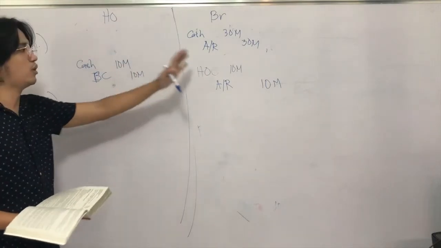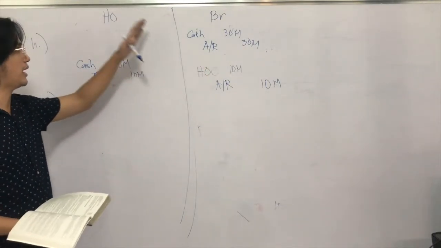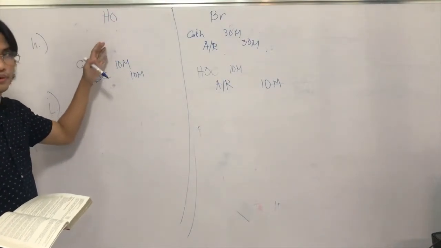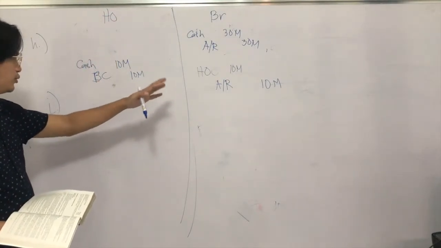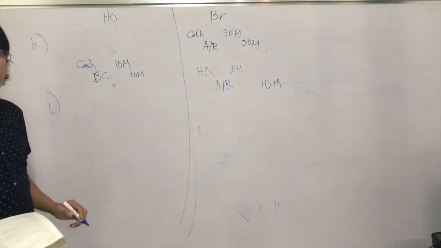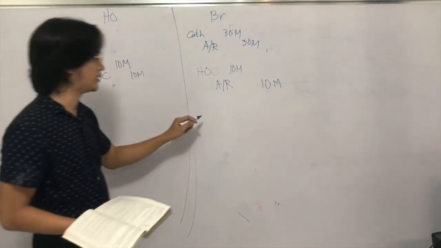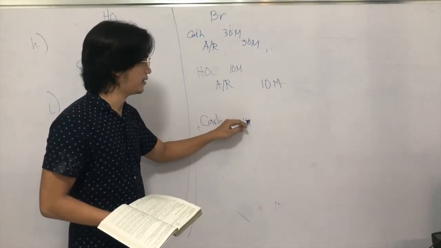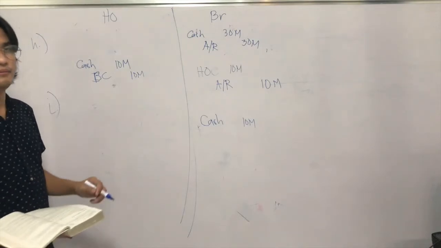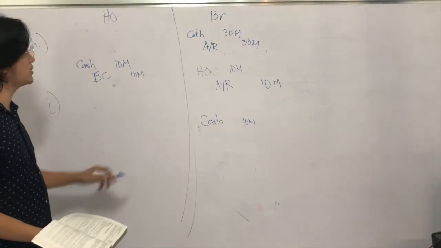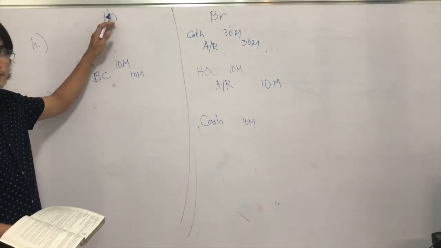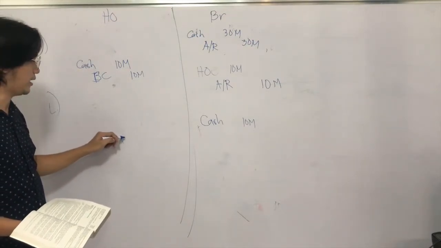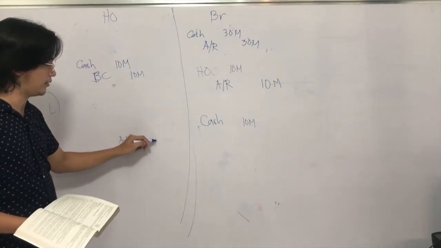What if it was the branch who collected AR from the customer of the home office, amounting to 10 million? So what would be the journal entry? If it was the branch who collected, then branch would debit cash. Then whose customer is it? It's a customer of the home office. That means that is the AR of the home office. So home office will credit AR 10 million.